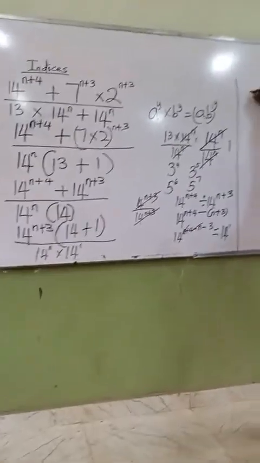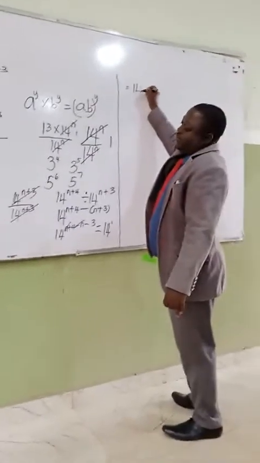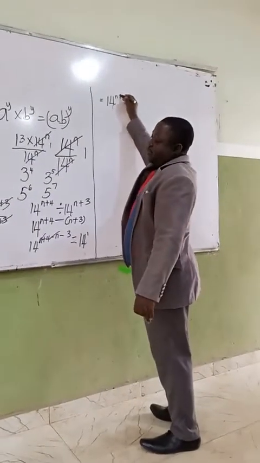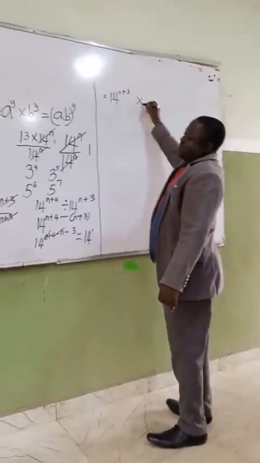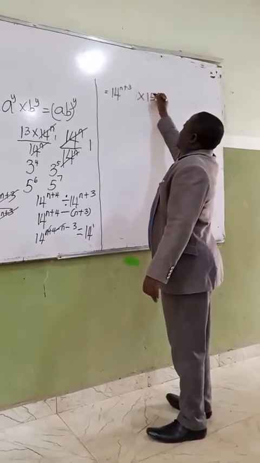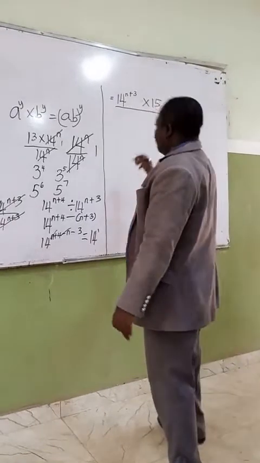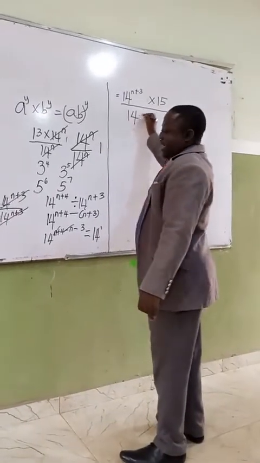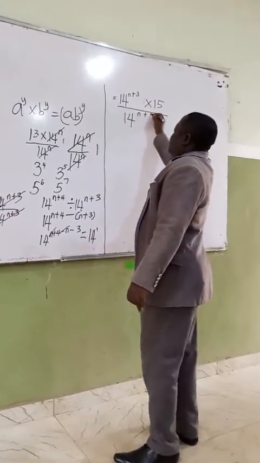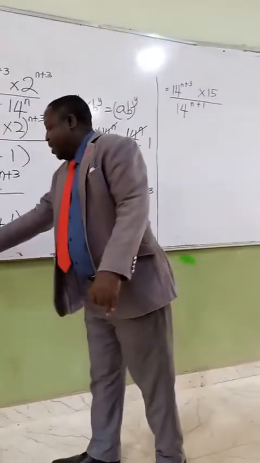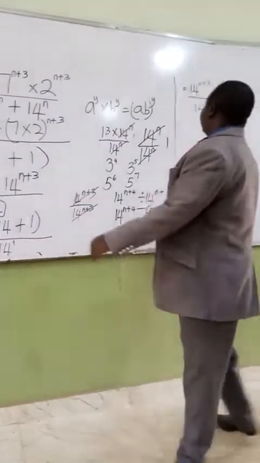So this is the same thing now as 14 raised to power n plus 3 times 15 all over 14 raised to power n plus 1, because they have the same base, so we add their powers.